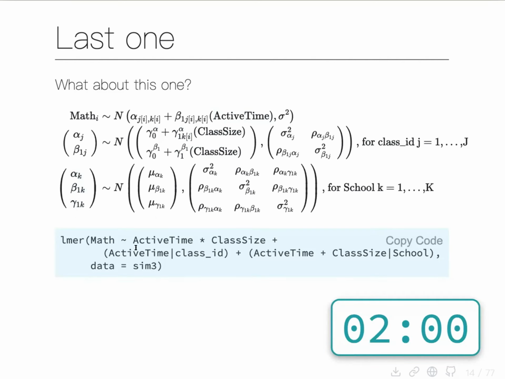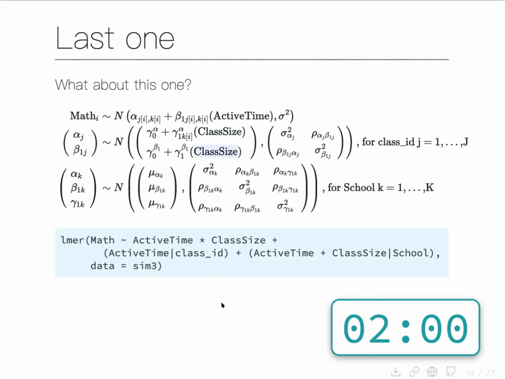We could put this a little more explicitly, but this asterisk is going to specify the interaction between active time and class size. That interaction is what this is right here. Another way to think about this, and I tend to like to write these out a little more explicitly, is you could say active time, which would be this one, plus class size, which would be this one, plus active time colon class size, and that would be this one.